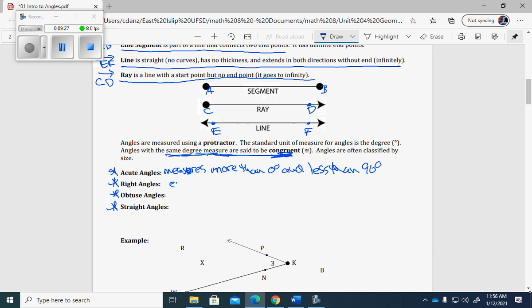A right angle is exactly 90 degrees. An obtuse angle is more than 90 degrees and less than 180. And a straight angle is exactly 180 degrees.